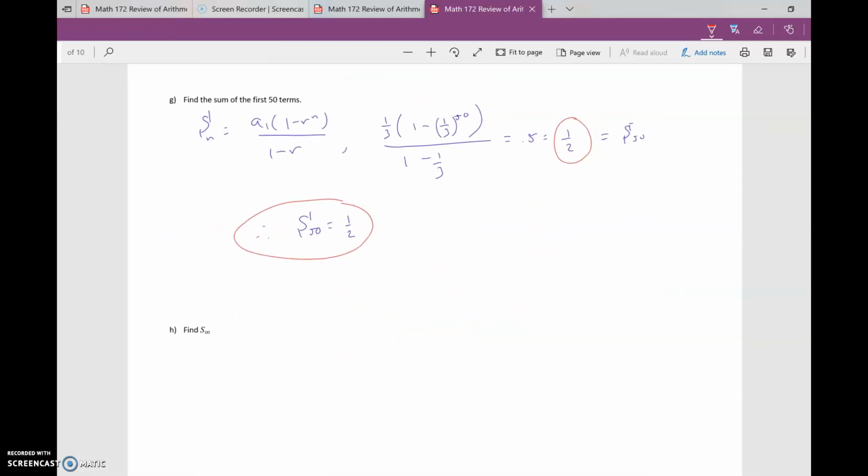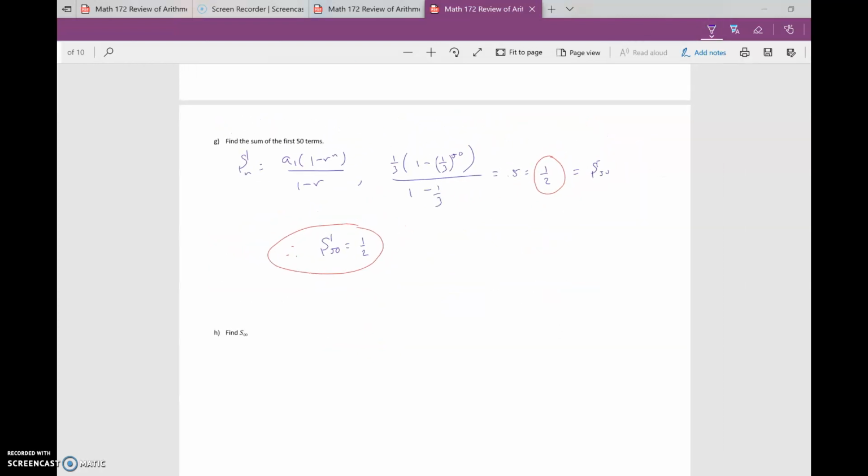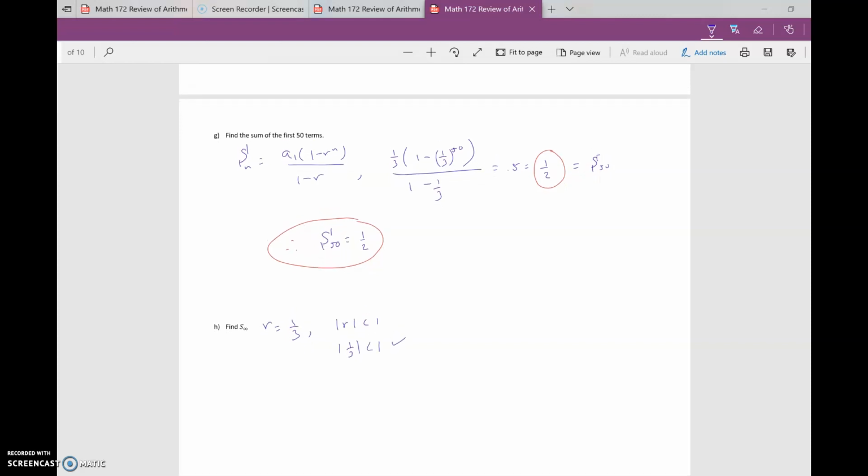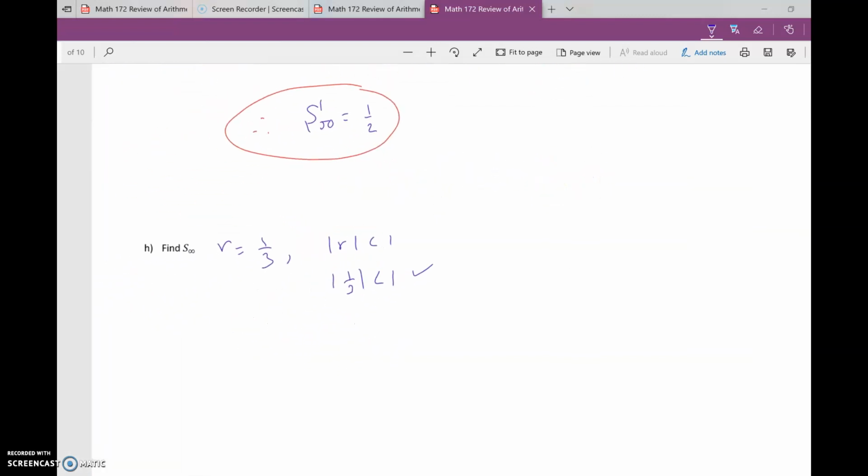So on part H, which should be D, you have to check for one thing. The value of R is equal to 1/3. So if the absolute value of R is less than 1, in this case 1/3 is less than 1, the infinite sum is going to exist.